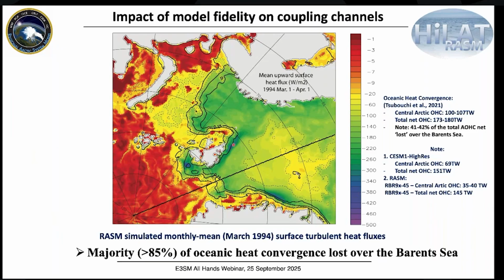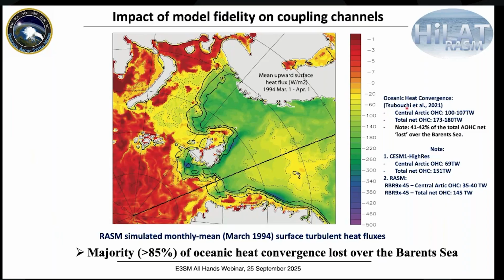So communication of the turbulent heat fluxes to the atmosphere, in terms of coupling and the effects on the atmospheric circulation, is one very important aspect of AEROSI project objectives. Another one is heat convergence impact on the sea ice.